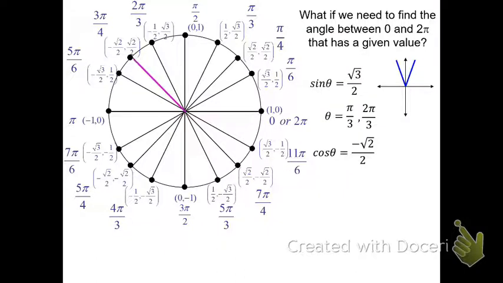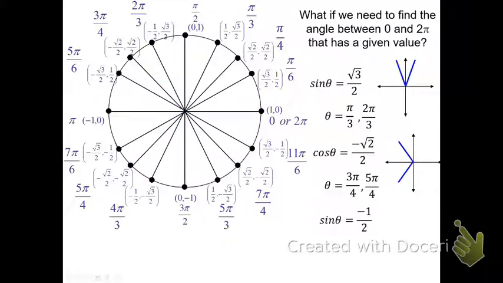I see one of them at 3 pi over 4, and the other one is down below at 5 pi over 4. The sketches we did earlier would look like this. And there are therefore two angles that I can use. Theta will be 3 pi over 4 or 5 pi over 4. Both of these have a cosine value of negative root 2 over 2 within one turn of the unit circle.